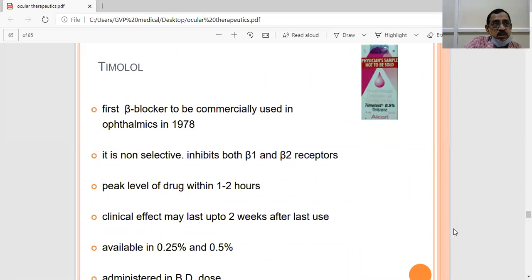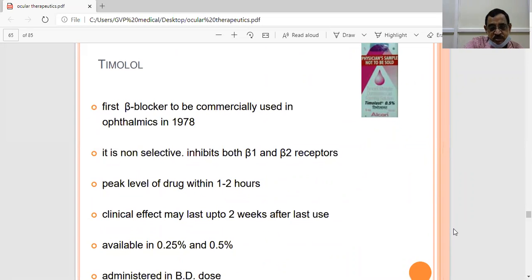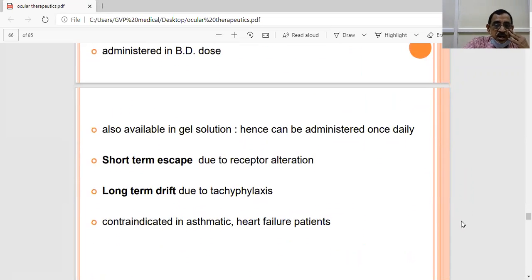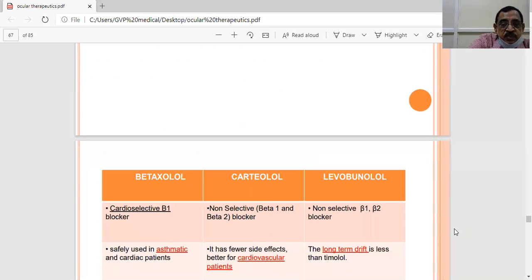It is available in 0.25% and 0.5% solution; normally we use 0.5% solution, administered BD. It is also available as a gel solution, hence can be administered once daily. Short-term escape due to receptor alteration can occur. Long-term drift due to tachyphylaxis is also seen. It is contraindicated in asthmatics, heart failure patients, and COPD patients.